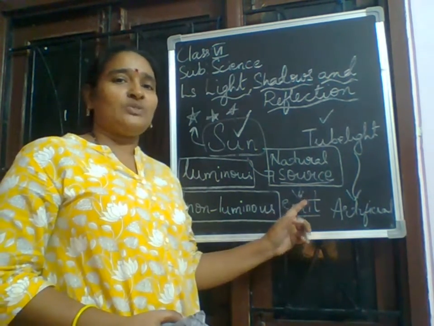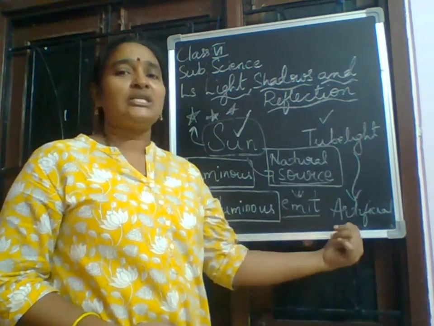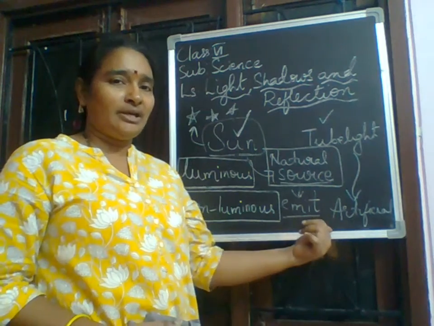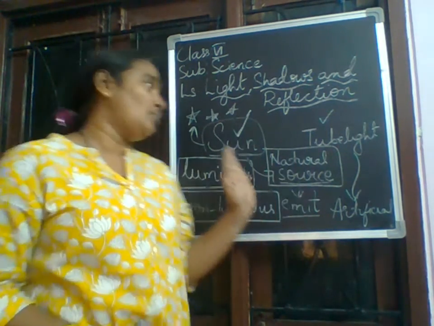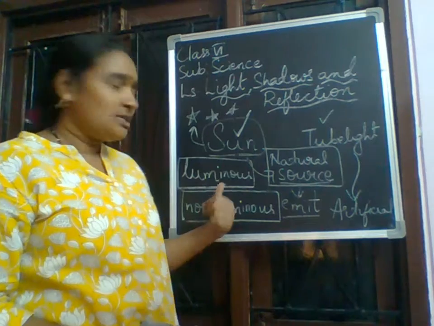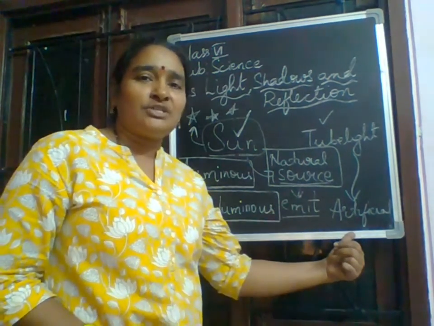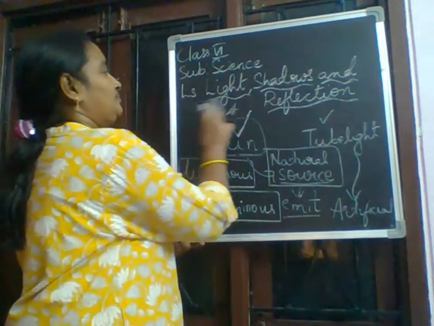Whichever objects emit light, if they are made by us, you can call them artificial sources of light. Here you have to remember these words: luminous, non-luminous, natural sources of light, artificial sources of light. Okay, next.